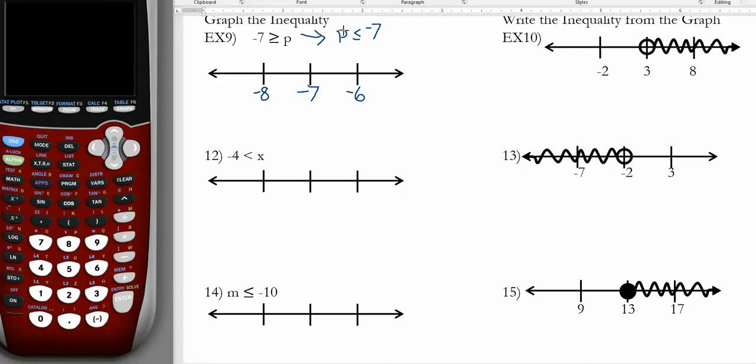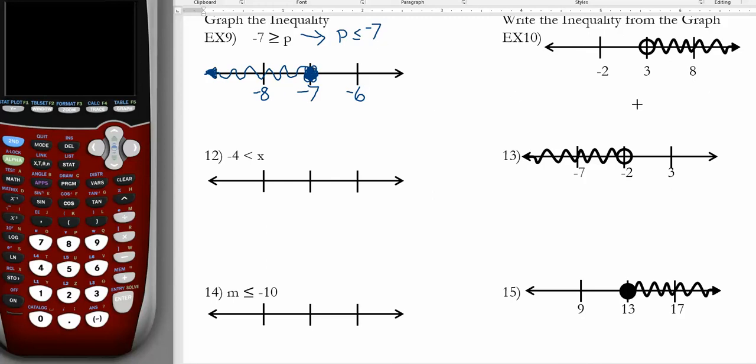Now, p is less than or equal to -7, so the equal to means we have a solid dot, which I will do to the best of my ability. And then we have that p is less than, so all the numbers less than -7 run to the left in our drawing. And that would be that picture. So solid dot, less than is to the left.